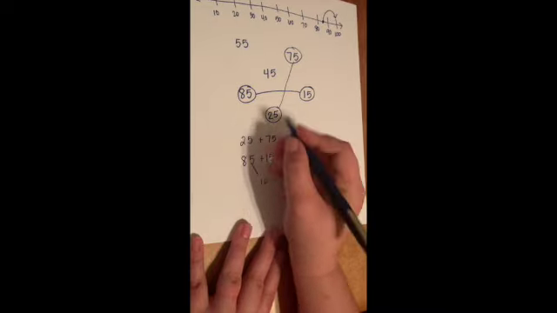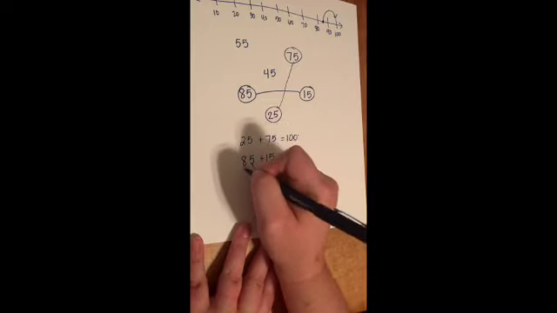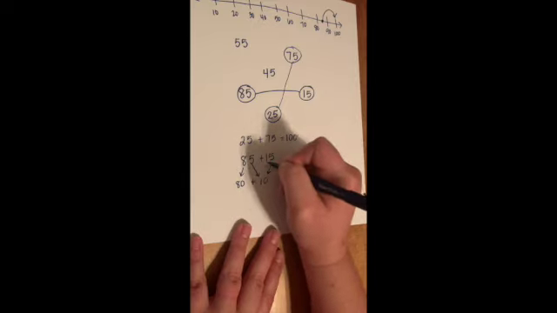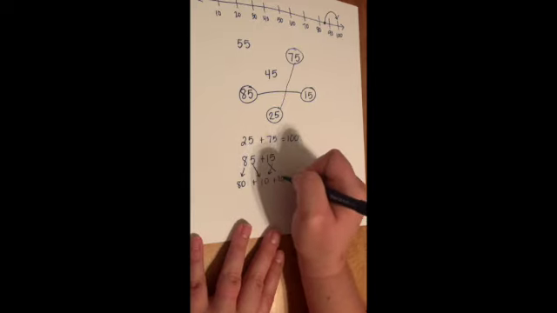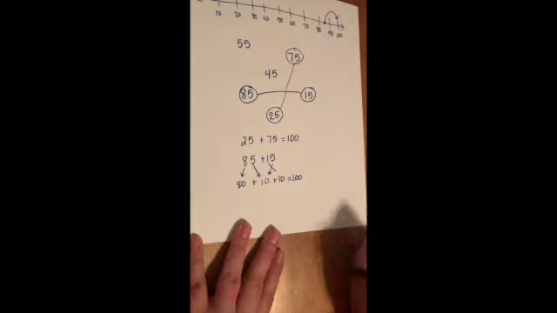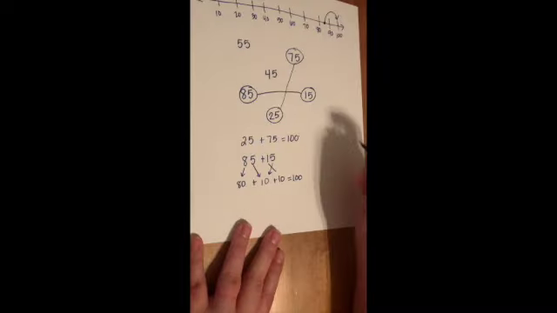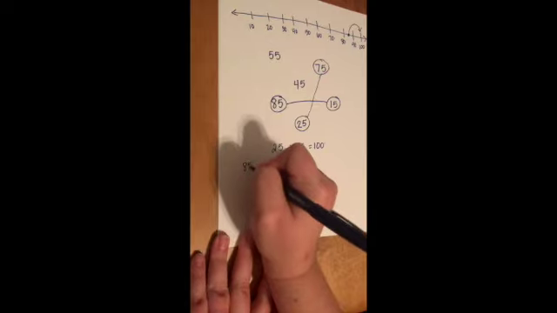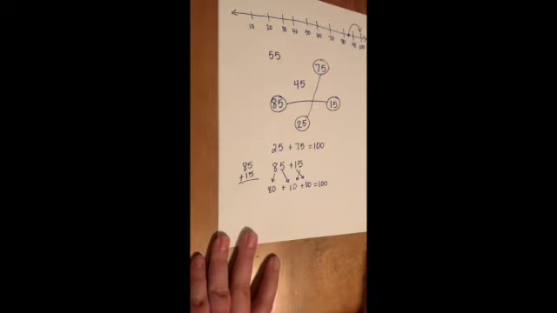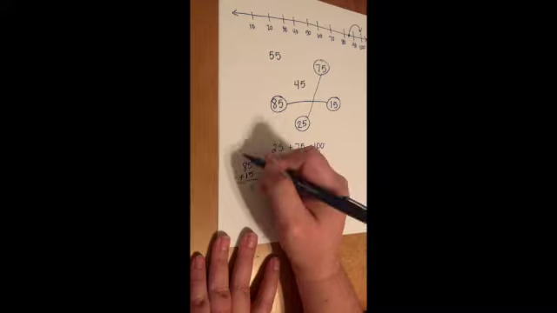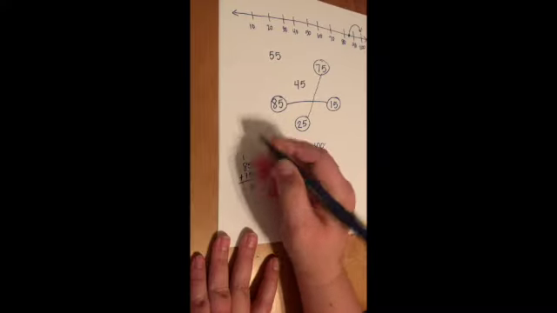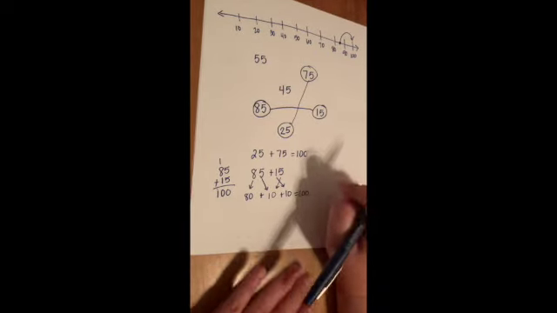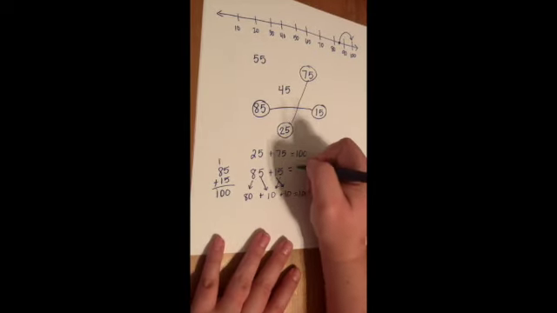So this is 80, plus this is 10, there's my 100. Okay, 80 plus 10 plus 10. Or you could make it simpler for yourself. You could do 85 plus 15. 5 plus 5 is 10. 8, 9, 10. Okay, so 85 and 15, those are going to be compatible numbers because they make 100.